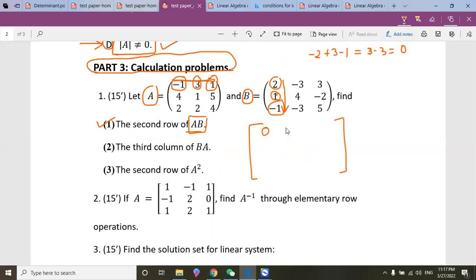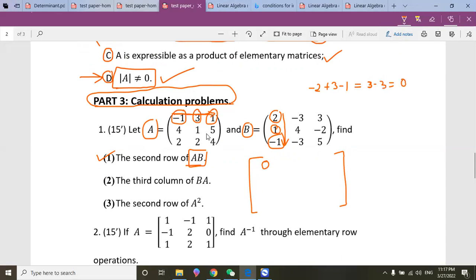And for the second entry here, let's calculate. We have to go the same way, left to right and top to bottom. Let me change the color.